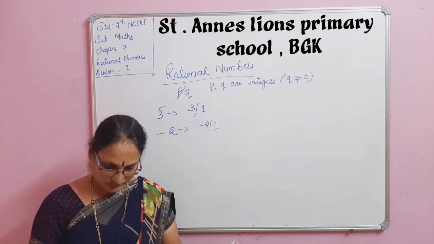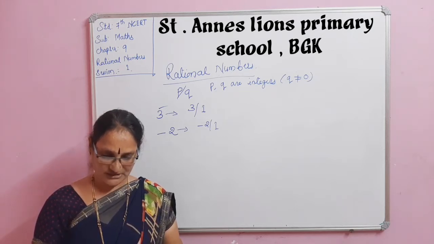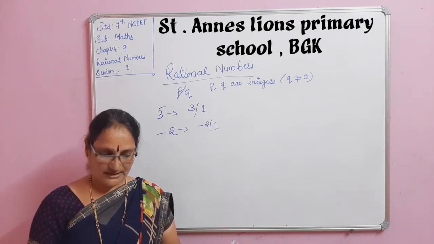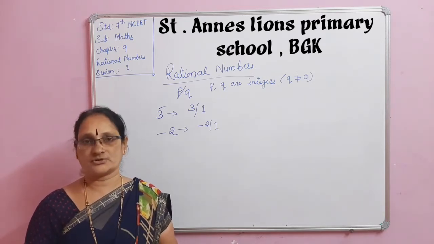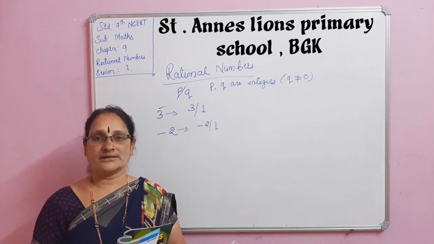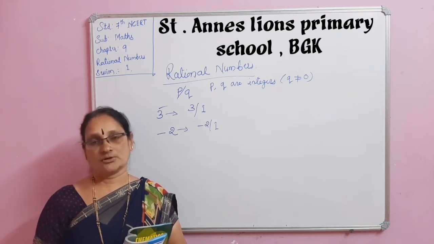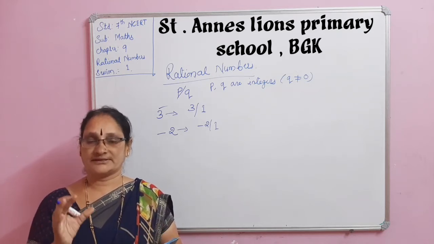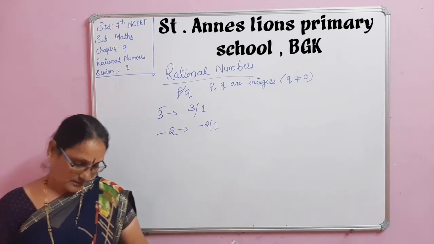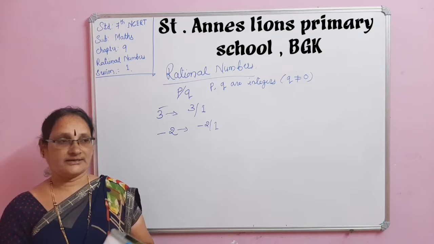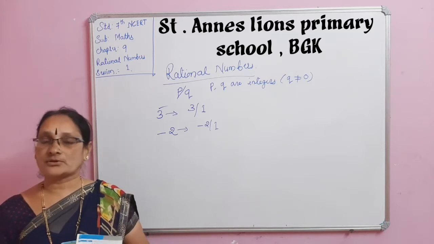So, once we have learned this, what is a rational number? Rational numbers are those which can be expressed in the form of p by q, where p and q are integers and q must not be equal to 0. This is the definition. Please remember, it is very, very important. This question may also arise in your mind: why must q not be equal to 0?